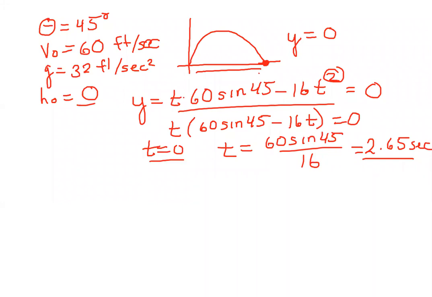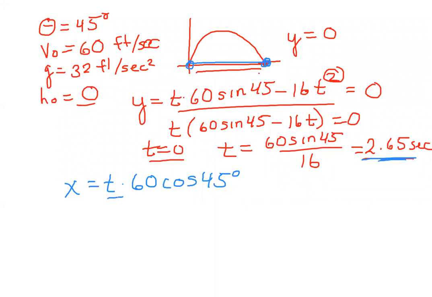So we have two t's, t equals 0 or t equals 2.65. Here's t equals 0 right at the beginning, and here's t equals 2.65 when it hits the ground again. So how long is it in the air? It's in the air for 2.65 seconds. Now find the total horizontal distance the ball traveled. So how long did it go this direction? We're going to have to use our x equation and substitute in our t that we found.